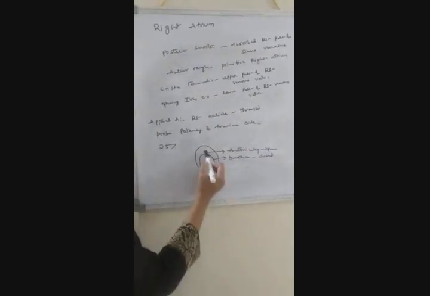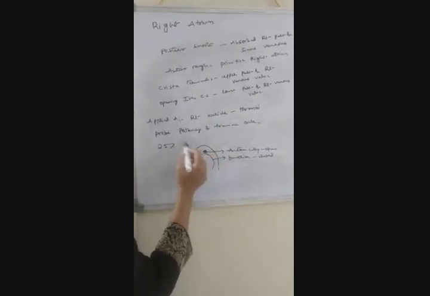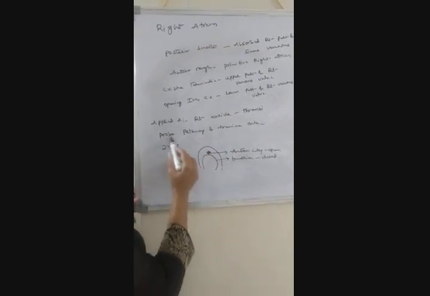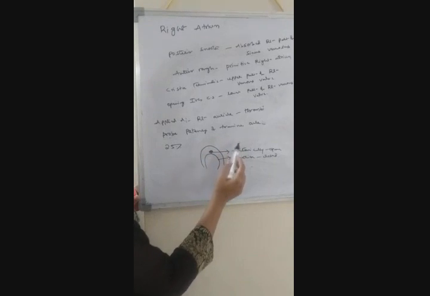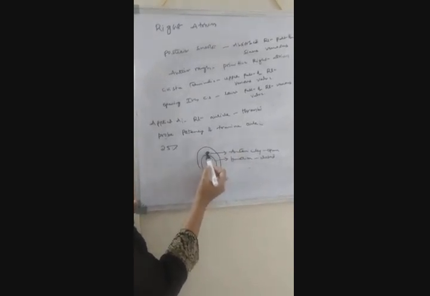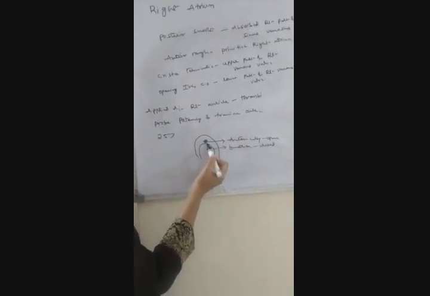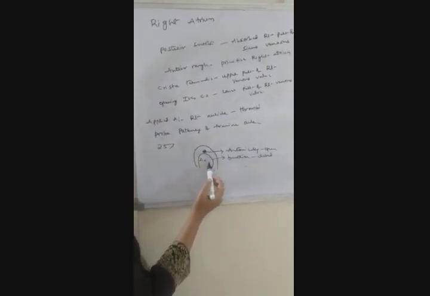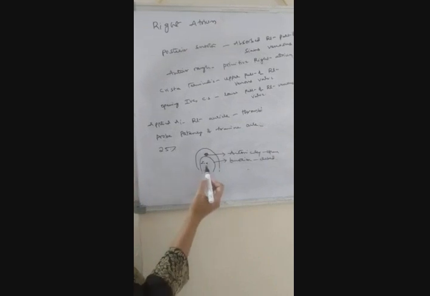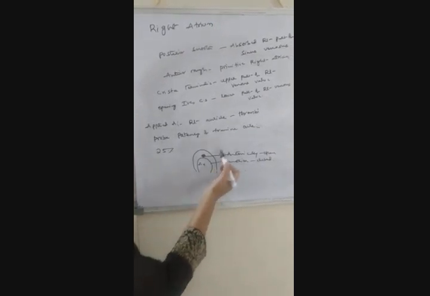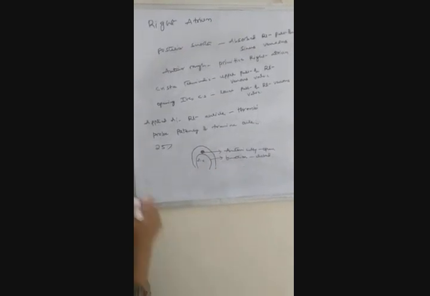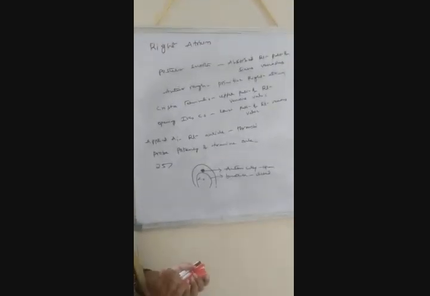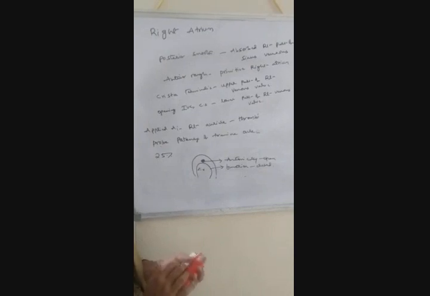Okay, if it opens, it signifies the patency of foramen ovale. Patency of foramen ovale is nothing but the foramen which is present just above this fossa ovalis and within this limbus fossa ovalis, which connects this right atrium to the left atrium. These two are the applied aspects of this right atrium. Hope you understood well. Thank you all.